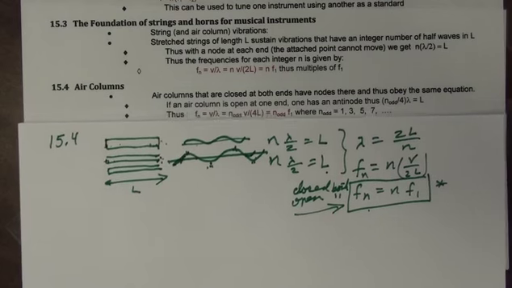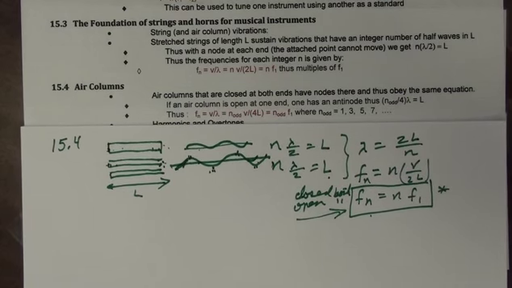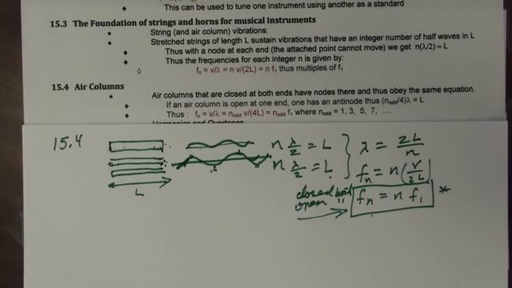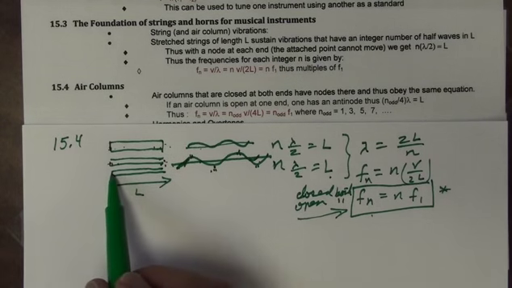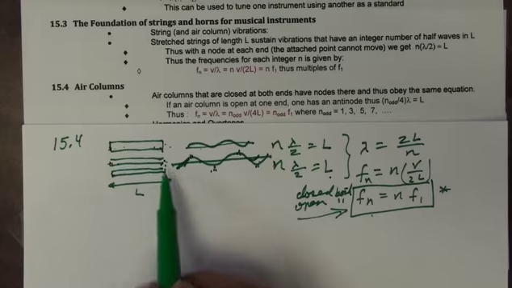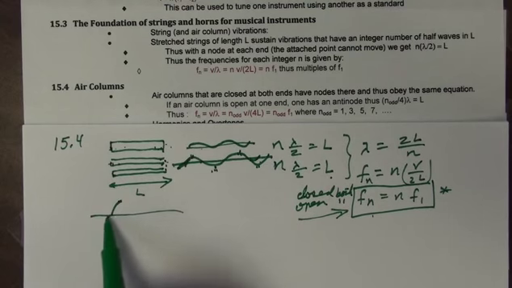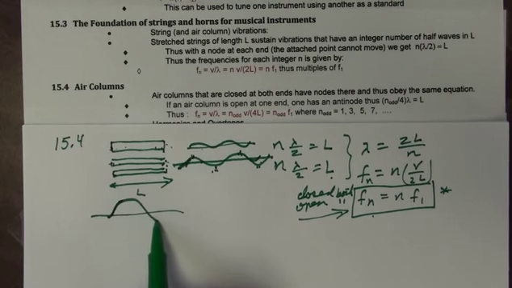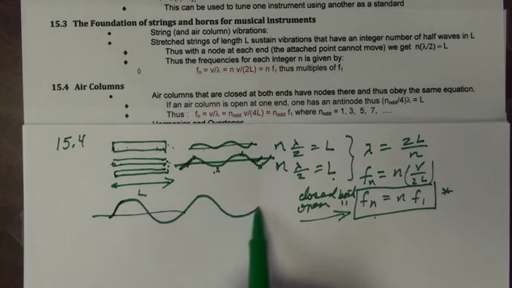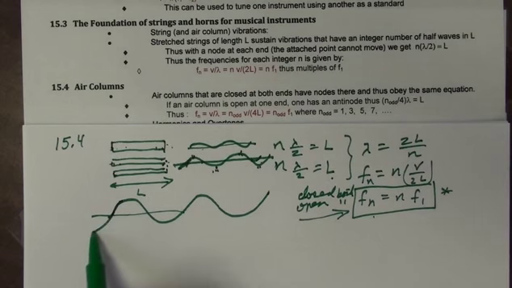Now let's look at the situation where we have an air column that's open at one end and closed at one end. Then in this case, it must have a node here and an antinode here. Well, this requires a lot more thought. Let's imagine that we start out with our wave. We'll draw several parts of this wave now.